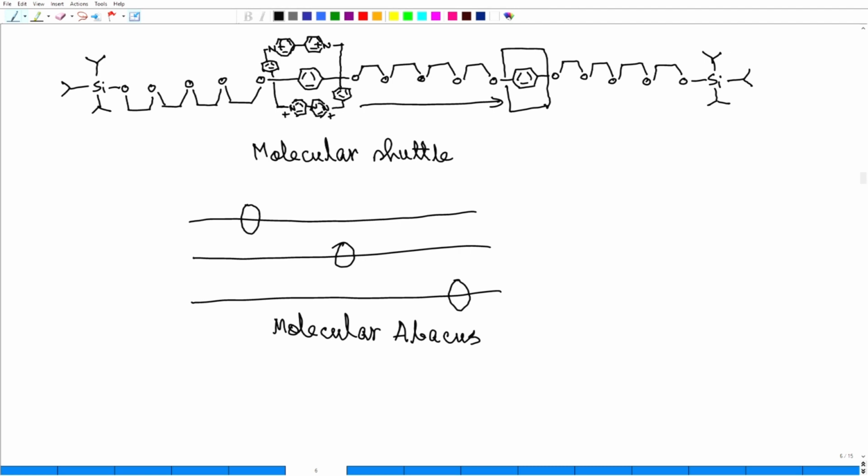So, we can make various designs with these rotaxanes and pseudo-rotaxanes. So, we have covered so far the pseudo-rotaxane and rotaxane. Now I will go to another part of these complex structures.